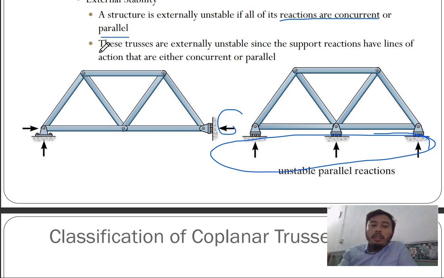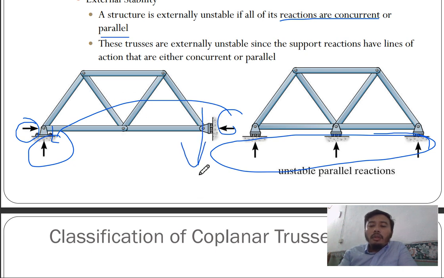These trusses are externally unstable since the support reactions have lines of action that are either concurrent or parallel. And this one is parallel. This is concurrent. So you can see here, the truss will move downwards because it doesn't have enough support.